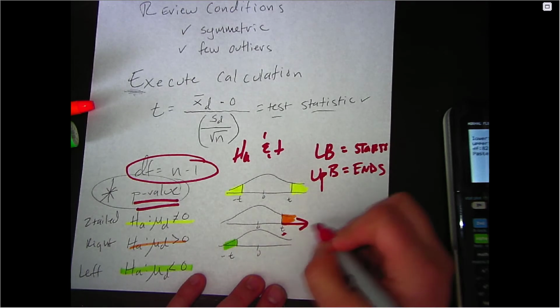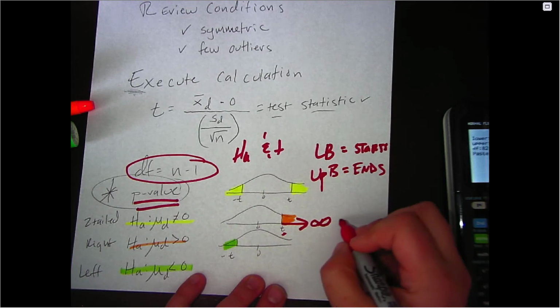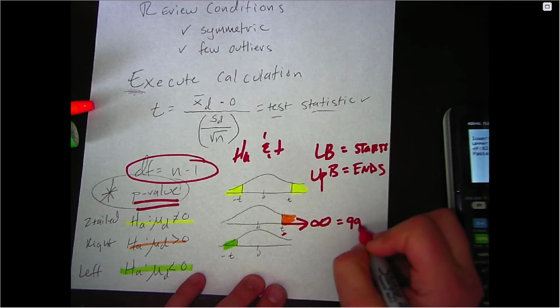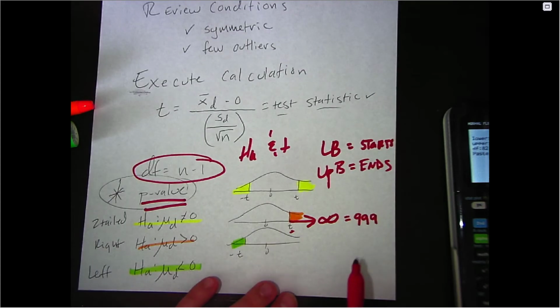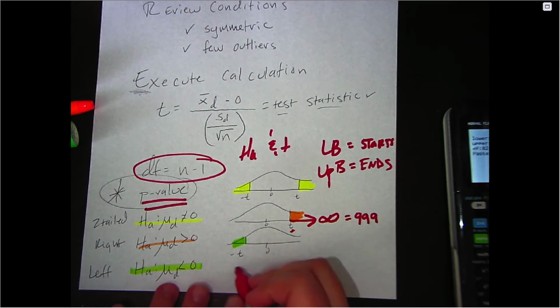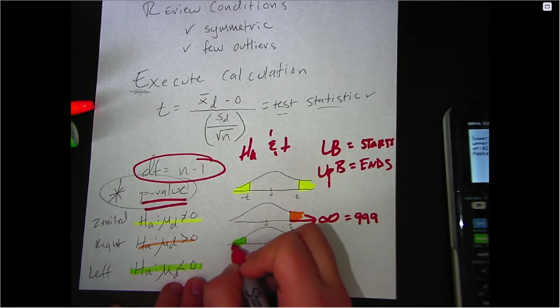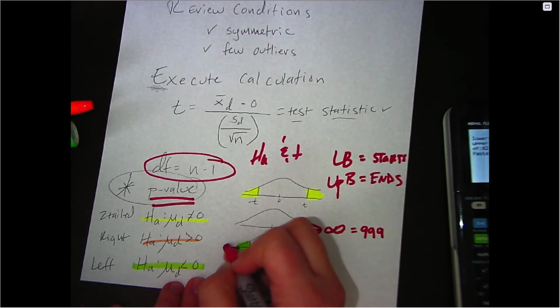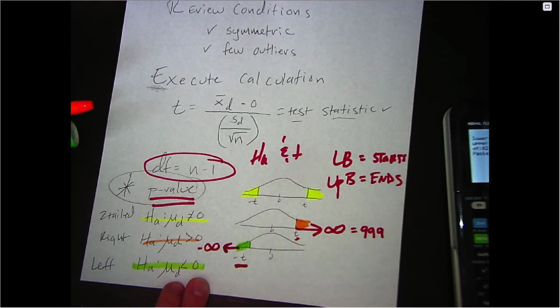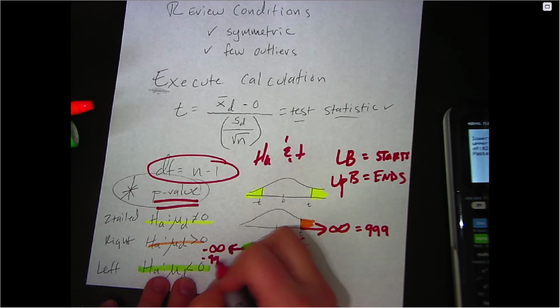Technically, this curve goes up to positive infinity, and the calculator can't really handle positive infinity, so here we would do positive 999. For this curve, your highlighting actually ends at the test statistic, so the upper bound would be the test statistic, and the lower bound would technically be negative infinity, which will equate to negative 999.